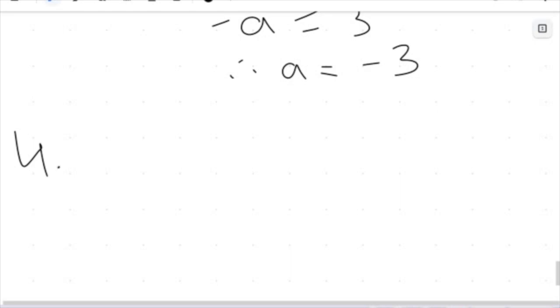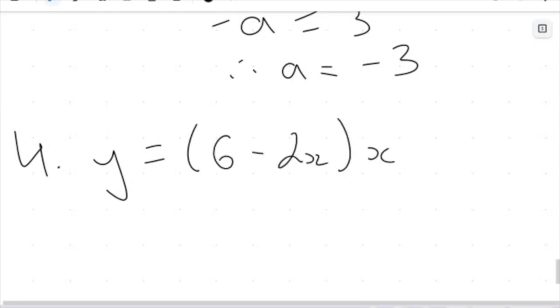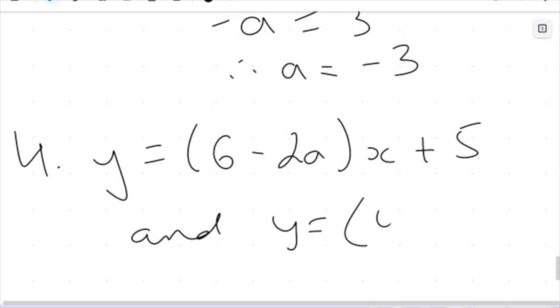Now, one more quick question. Another thing you may get is that the lines, for example, y equals (6 minus 2a)x plus 5 and y equals (4a minus 3)x plus 3.